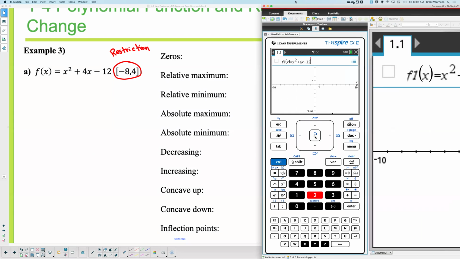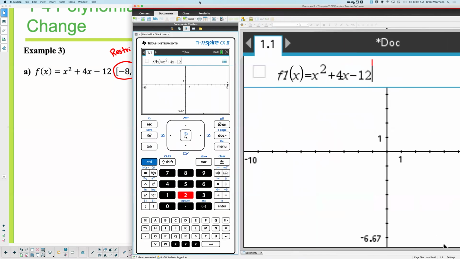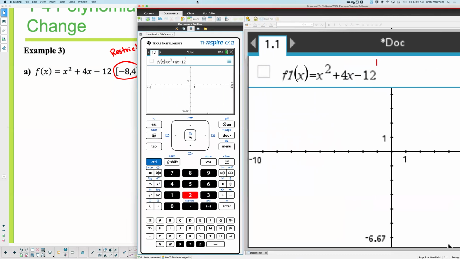Just get that part typed in. Are y'all there? Got it typed in? Okay. Now this restriction, if I press enter right now, this will be a parabola that goes forever both ways. And that's not what I want. I want it to only go from -8 on the x-axis to +4 on the x-axis. I want to cut off the graph.